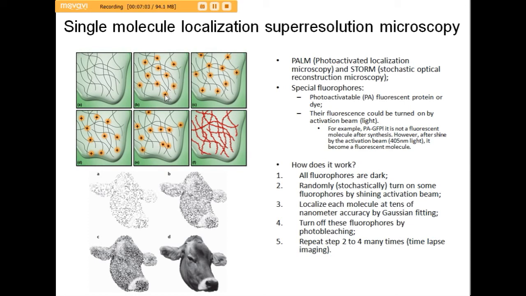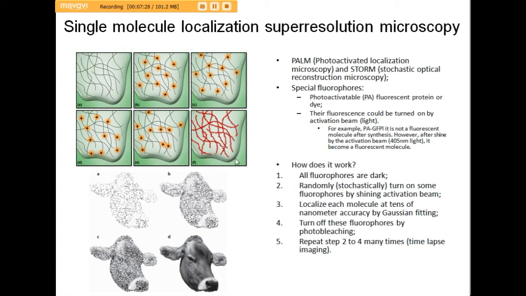This center of mass could be recorded, and that becomes this GFP molecule's precise localization at nanometer resolution. Afterwards, since these GFP molecules have already been imaged, we could photobleach them to kill them. So they will become permanently dead.